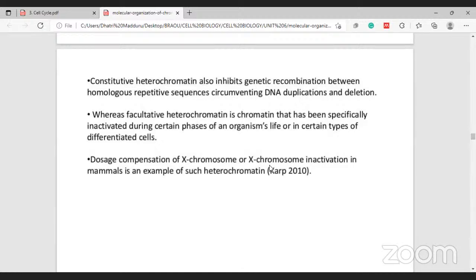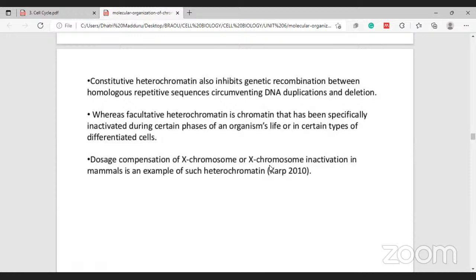Usually there is a recombination process which takes place, that means one segment of the chromatin can get exchanged with the other segment, here between non-sister chromatids, and this results in DNA duplications and deletions. Constitutive heterochromatin usually prevents the genetic recombination.